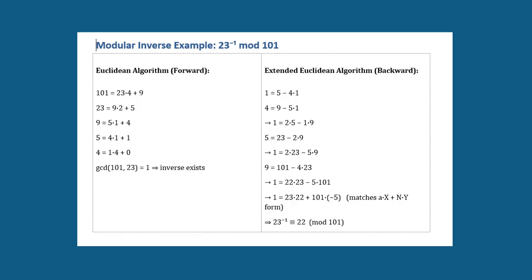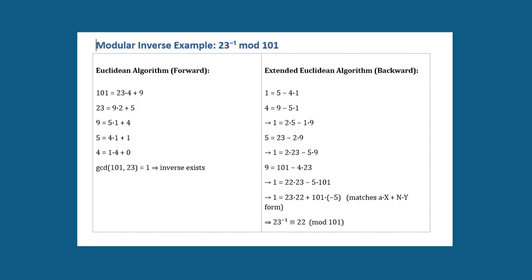Here is another example, a little more complicated, but exactly the same idea. 23 inverse under modulo 101. In other words, you want some number multiplied with 23, then mod 101, to get 1.